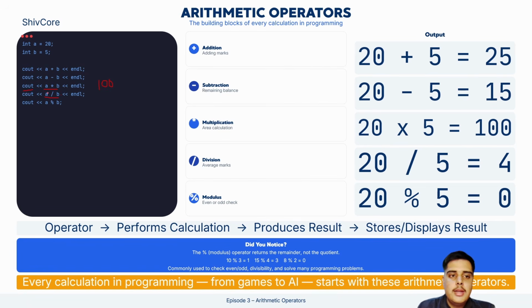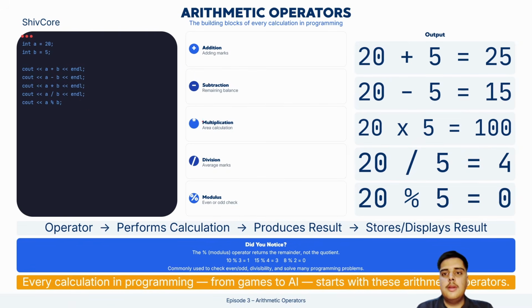So it is like dividing 20 by 5, and it will output simply 4. And when we write a modulus b, it means give the remainder. So 20 is completely divided by 5. There is no remainder, so it will output 0.